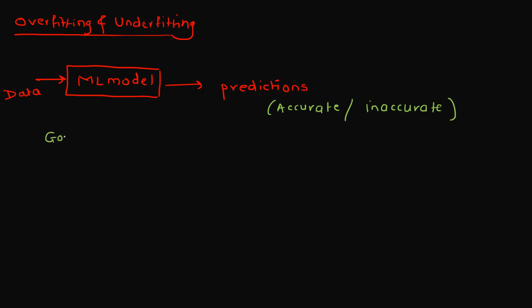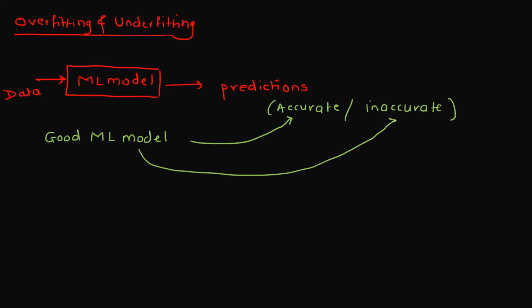When we talk about a good ML model, we want accurate predictions. We are never interested in models that provide inaccurate predictions. The overfitting and underfitting concept deals with the accuracy of the model.